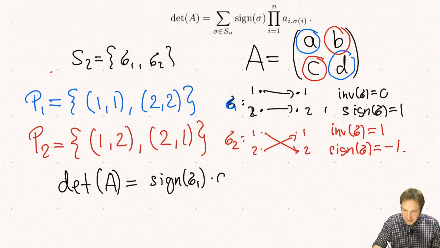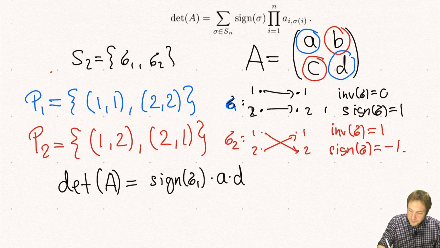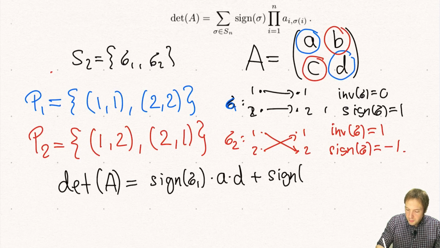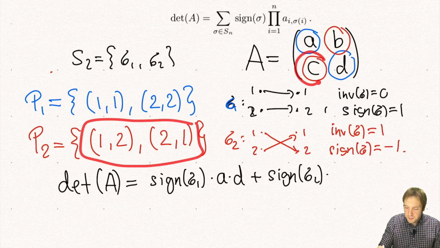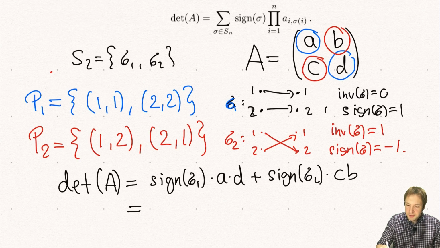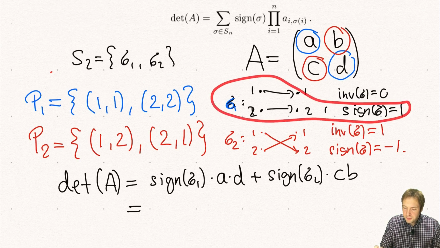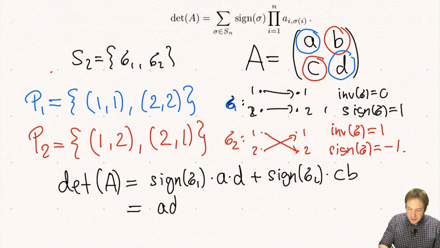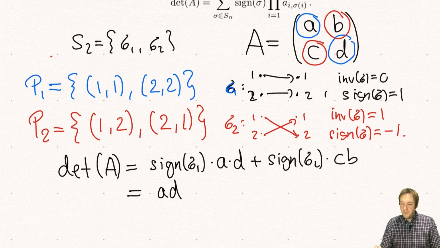So here this is just A times D plus the sign of sigma 2 times now the entries at this position, so it's C and B. But we saw that the sign of sigma 1 is 1, so this is just AD, and the sign of sigma 2 is minus 1, because we have 1 crossing here, or in other words, we have one position here on the top right of the other one.